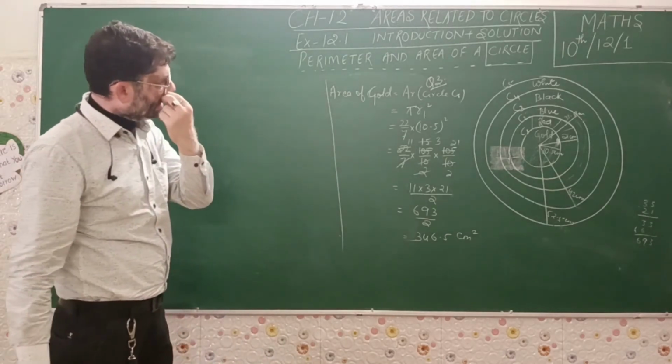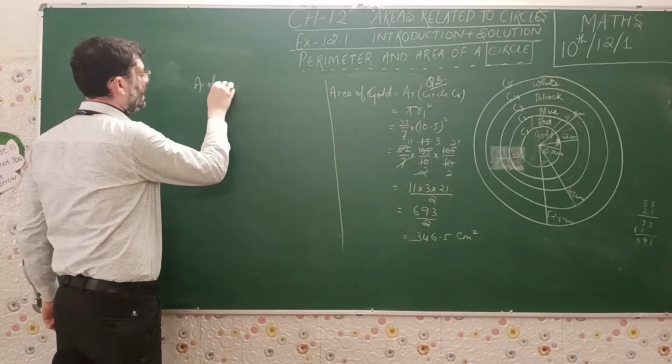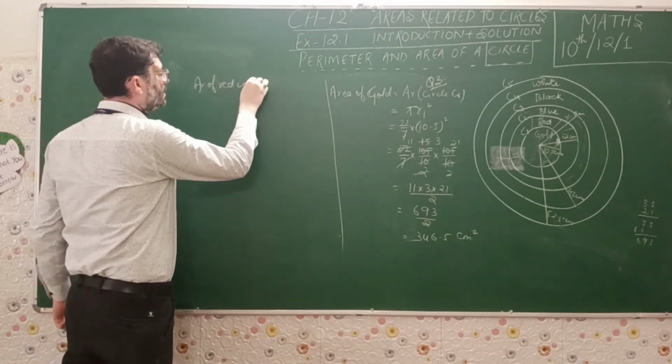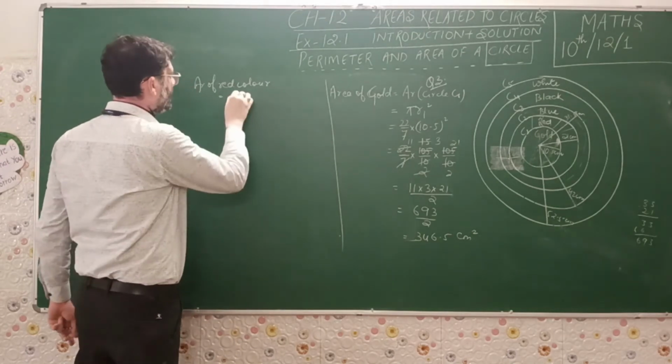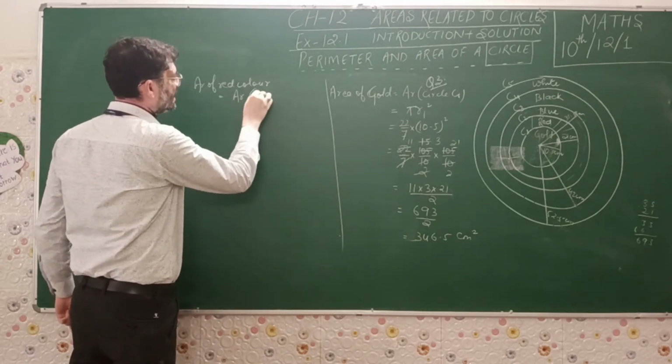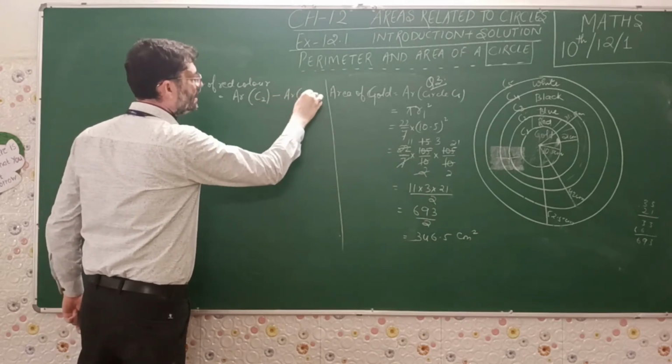Moving on to the second color, red. The area of red is equal to the area of circle C2 minus the area of circle C1.